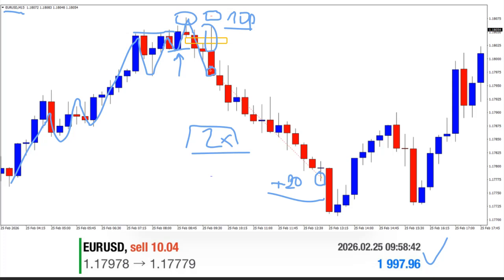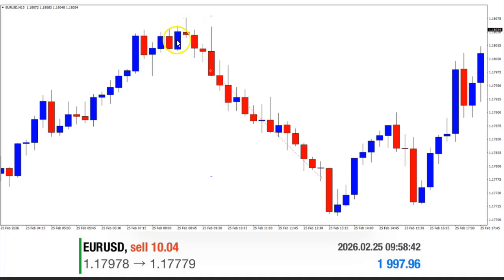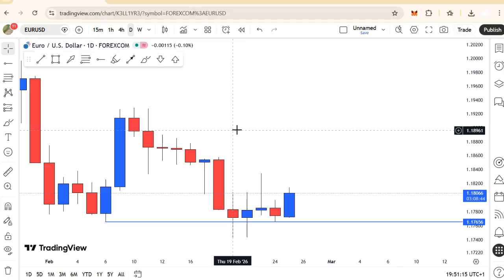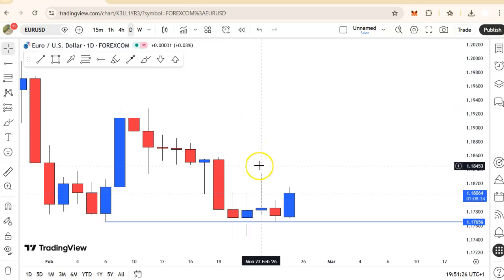Now let's jump to the charts. We'll go over the reasons why we were looking for that short trade in the London session on this particular pair. So this is the daily time frame. We'll start of course with the higher time frames first, because before you start looking at your charts, before you do your morning analysis, when you prepare yourself for the trading day ahead, you have to understand what the main structure is, where the liquidity levels and areas are that you want to trade from, where the zones are.